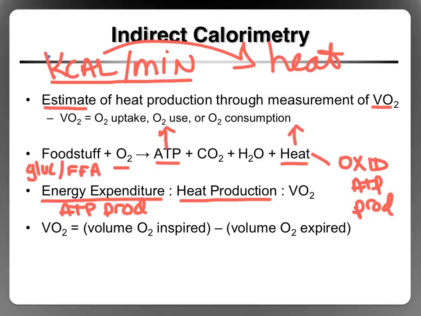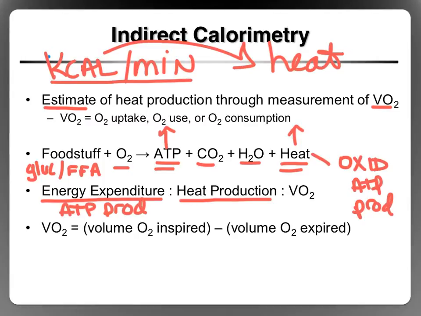And as a result of oxidative ATP production, we produce some ATP, we produce some CO2, some water, and one of the other byproducts is heat. We produce heat. So yes, we could actually measure heat coming off of the body, and we would be able to quantify it in calories per minute, and it would give us an indication of how hard somebody's working. But there's an easier way to do this, which is pretty accurate.